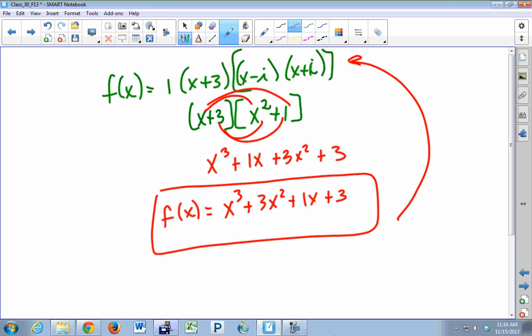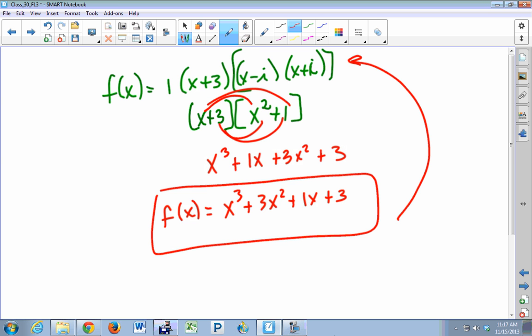Real zeros and non-real zeros. So when you look at the graph of this cubic, how many x-intercepts are going to appear in the graph? How many x-intercepts are you going to see? Oh, controversy. 3, 1, 3, 1.